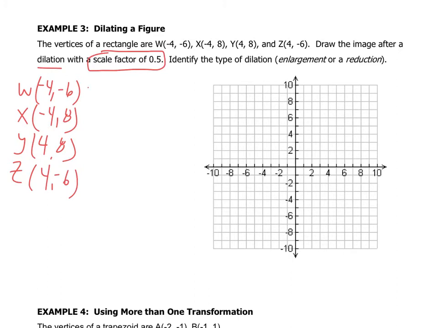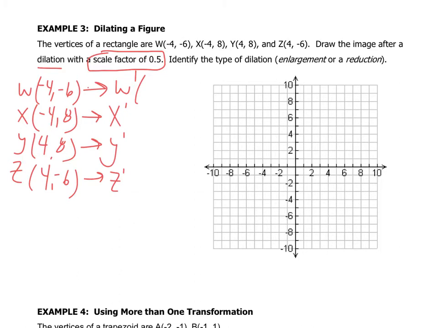Now again, I'm going to skip one step here to get to our primes. If you're not understanding how we got these, you can certainly go back and re-watch example 1. What we're going to do is multiply all of the x's and all the y's of all 4 of these points to get our new primes.